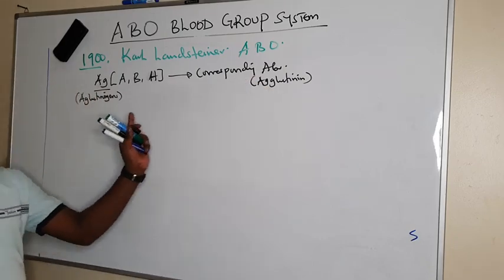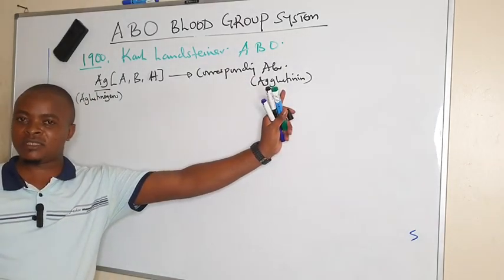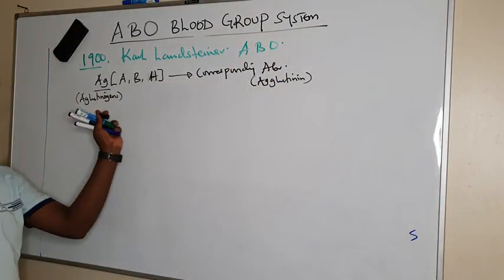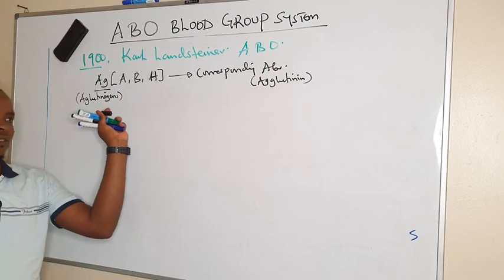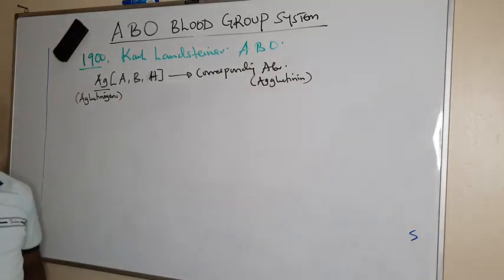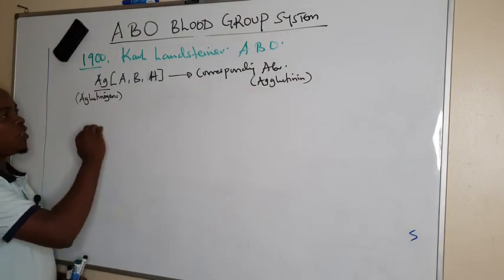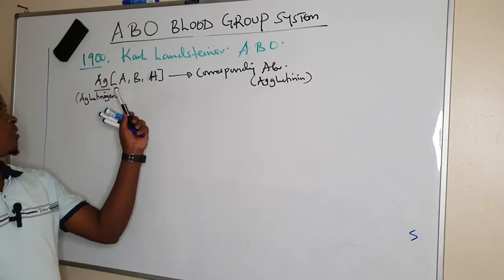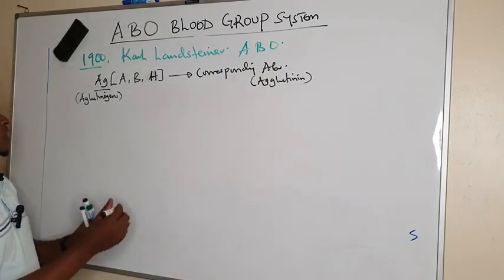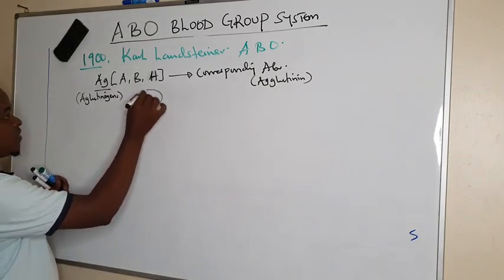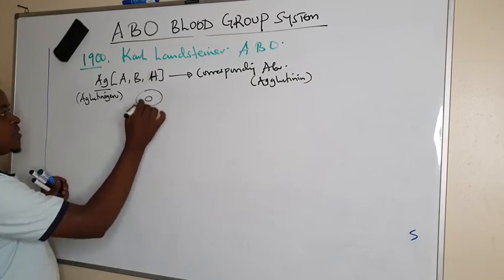Because antibodies, or what we call agglutinins, are produced in response to, or triggered by, the presence of agglutinogens, which are known as antigens. So this scientist found out that these antigens were found on the surface of red cells.